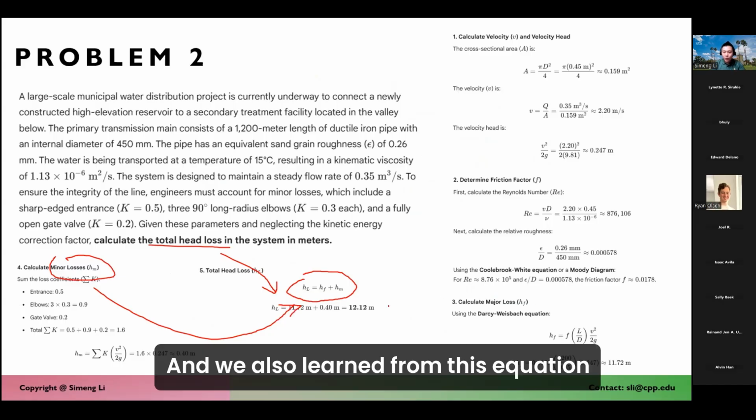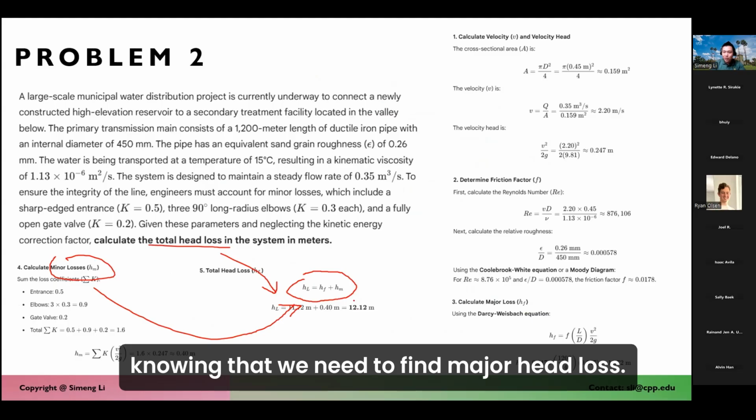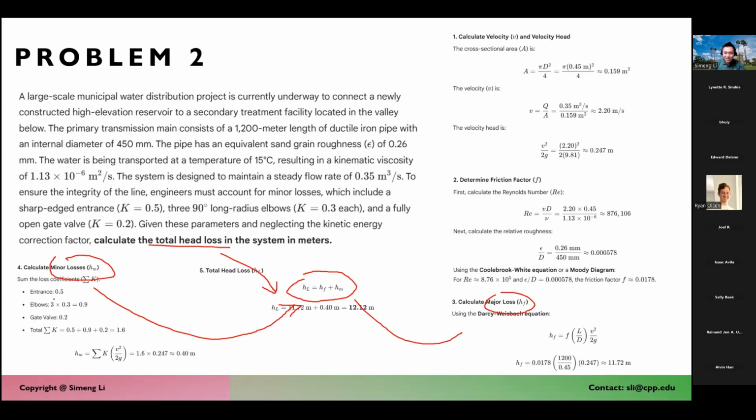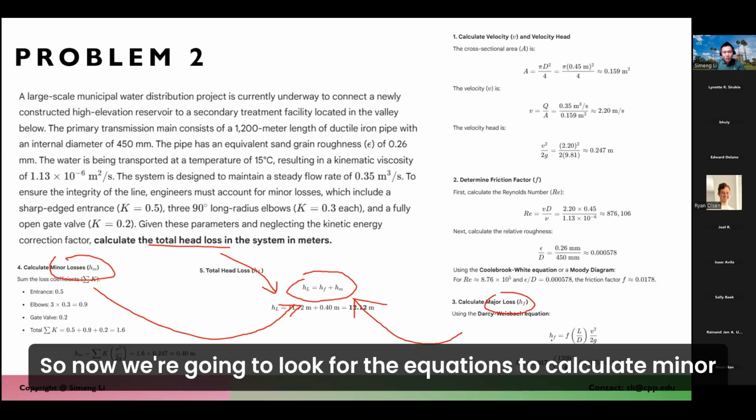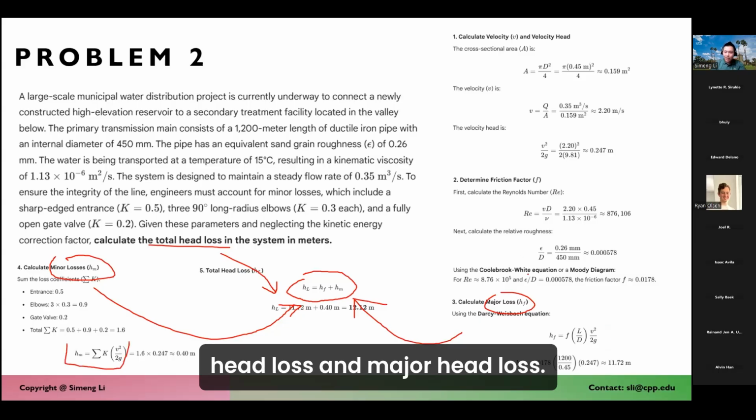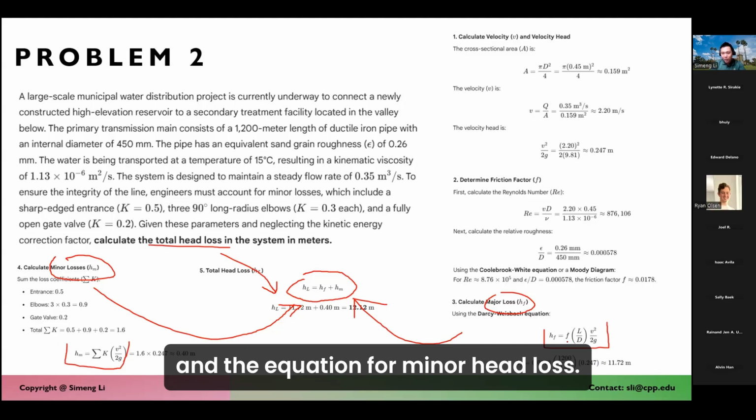We also learned from this equation that we need to find major head loss. So now we're going to look for the equations to calculate minor head loss and major head loss. We identify the Darcy-Weisbach equation and the equation for minor head loss.